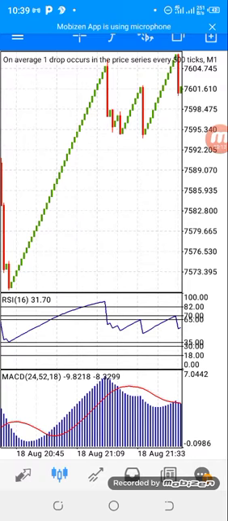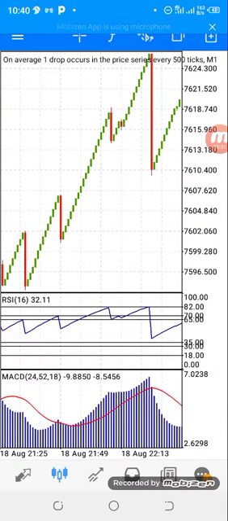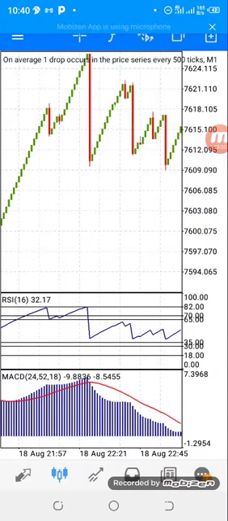If the MACD is above the red signal line, you are looking for what? Buy signal. That is in the case of Boom 500 and 1000. But if the MACD is below the red signal line, you are looking for sell signal. That is Crash 500 and Crash 1000.